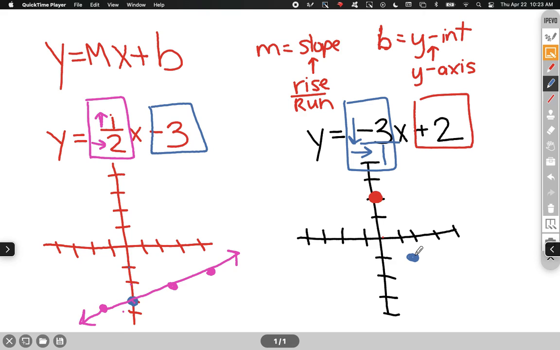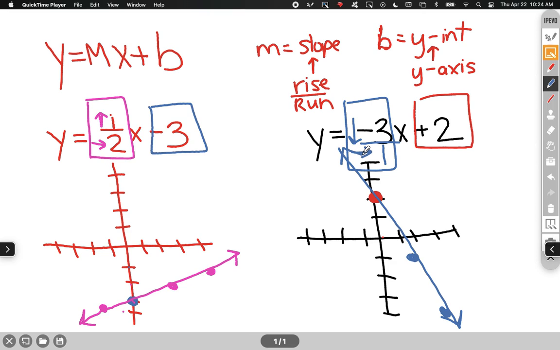Negative slopes are supposed to go downhill. Now, is it okay to go up 3 and back 1 if we have room? Yes. Now, we didn't, but do we have room to go down 3 and over 1 again? Yes. Try to make as many points as you can if you have the room. And then we extend our line. Pretend like those go through the dots. And we make our arrows.